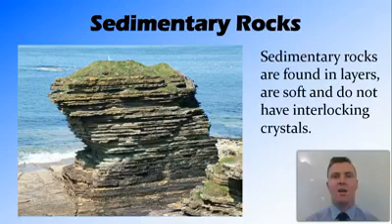They're soft, so they can generally break apart in your hand, and they don't have interlocking crystals. The reason for this is the crystals were not formed within the rock. They were formed in the previous rocks that were then weathered, and those sediments formed this sedimentary rock. So those crystals were formed a long time ago before the rock.